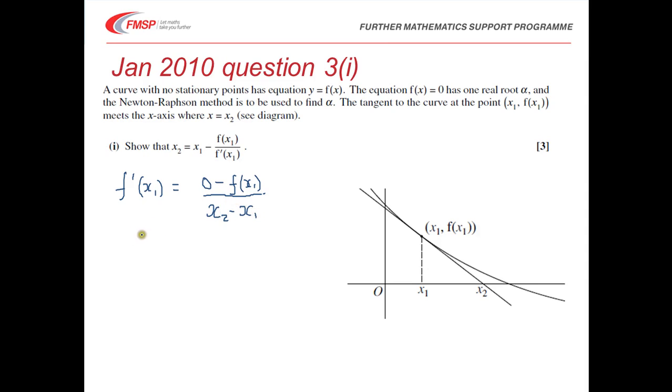So all we have to do now is rearrange that to make x2 the subject of our formula. So x2 minus x1 equals minus f of x1 over the derivative of f at x1, and then add x1 onto both sides, and we get the required result.